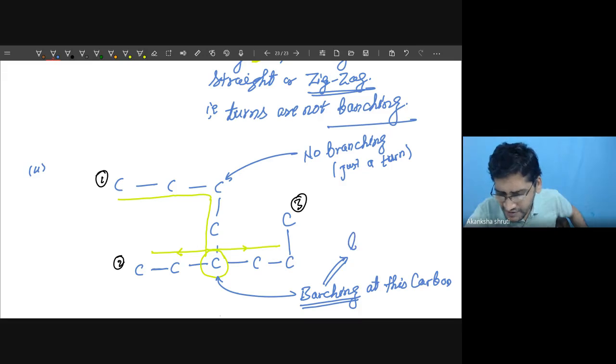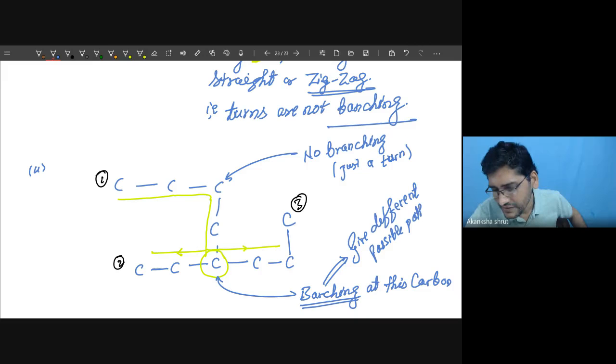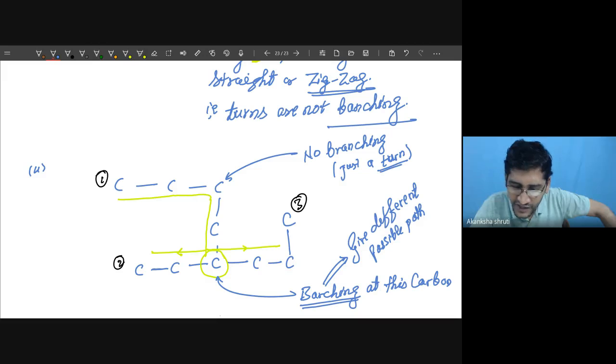So it gives different possible paths. Why not a branching? It is termed as no new path.